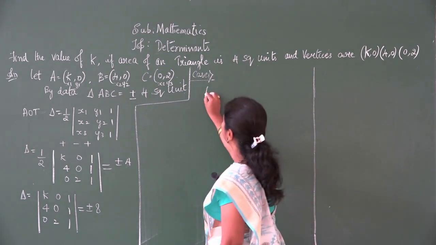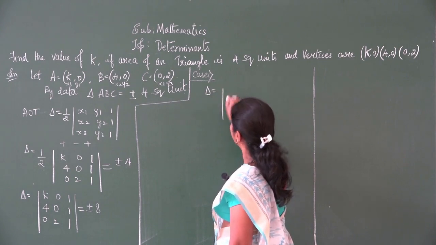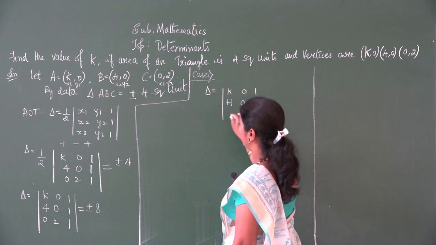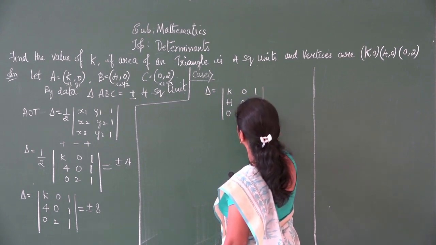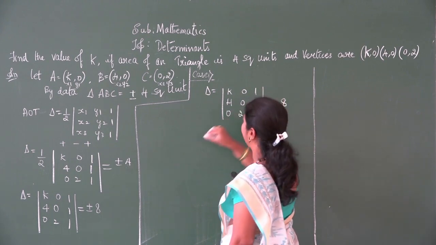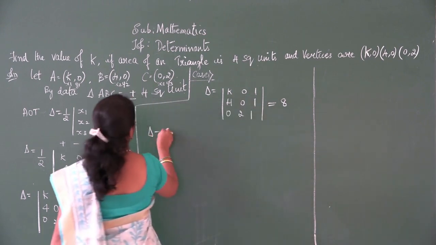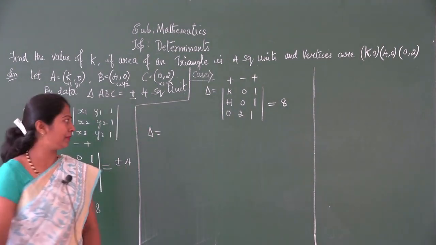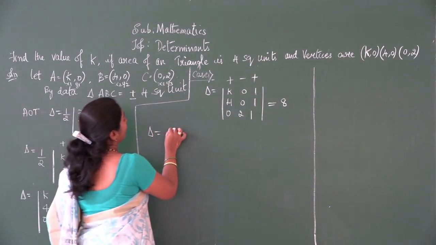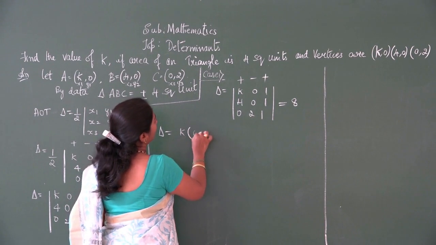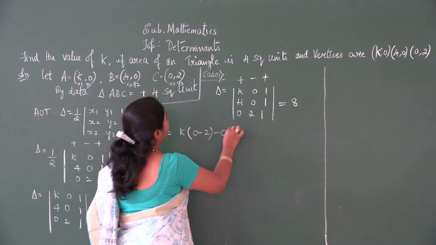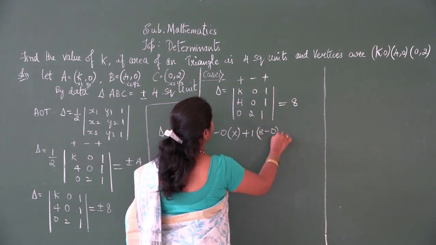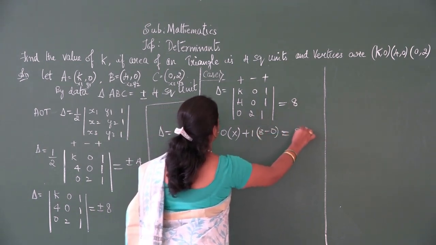So, what is delta equal to? Determinant of k 0 1, 4 0 1, 0 2 1, which is equal to plus 8. What are the signs associated? Plus, minus and plus. So, when you expand the determinant, k into 0 minus 2, minus 0 into any term, 0, plus 1 into 8 minus 0 equal to 8.